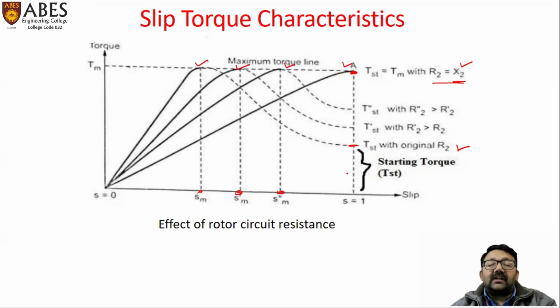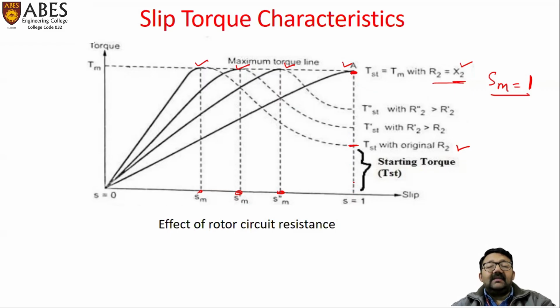If slip is higher, this maximum torque is achieved at lower speeds. And if the rotor circuit resistance becomes equal to the rotor circuit reactance at standstill, the slip corresponding to maximum torque becomes 1, which means this maximum torque is available at the instant of start.